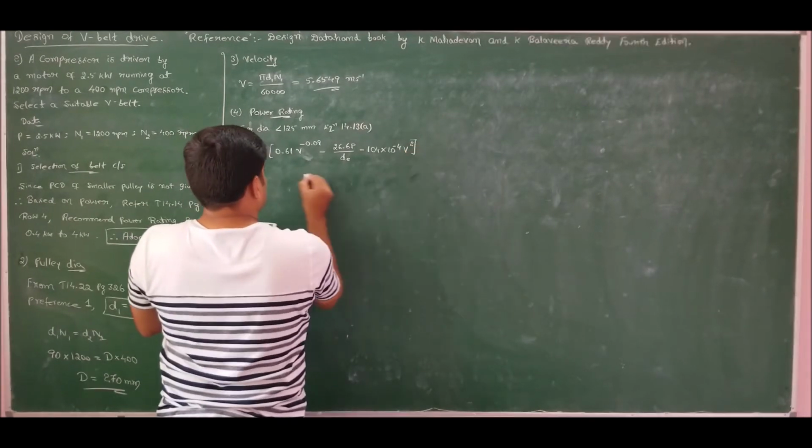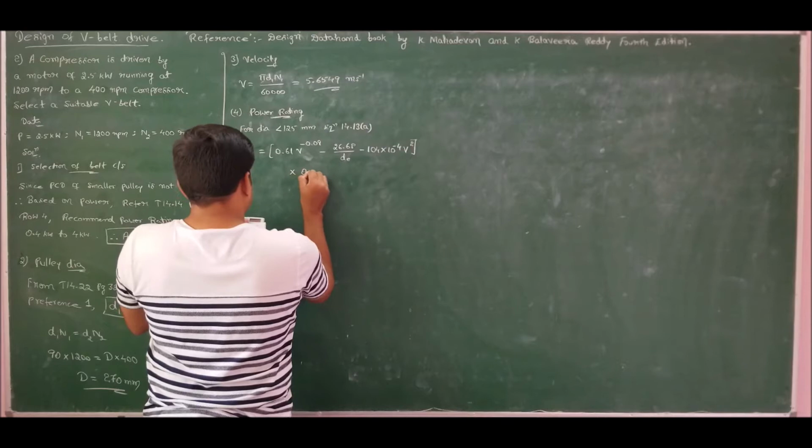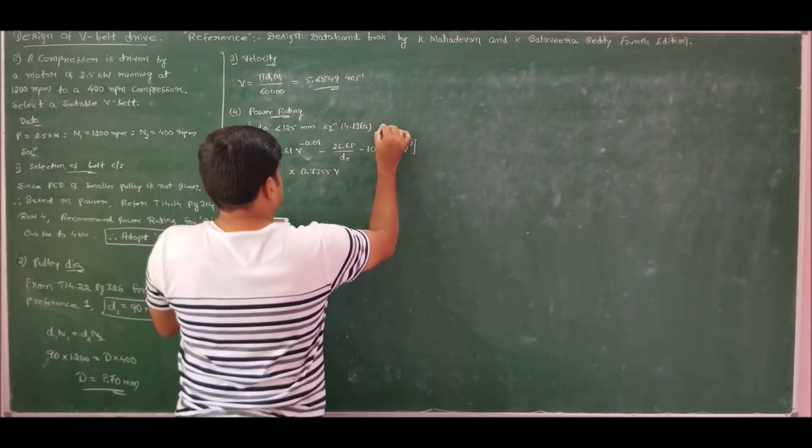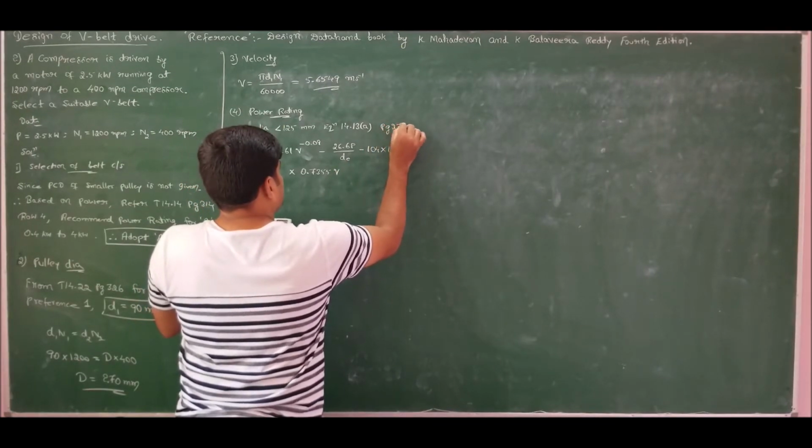So this whole thing is multiplied by 0.7355 v. This is from page number 295.